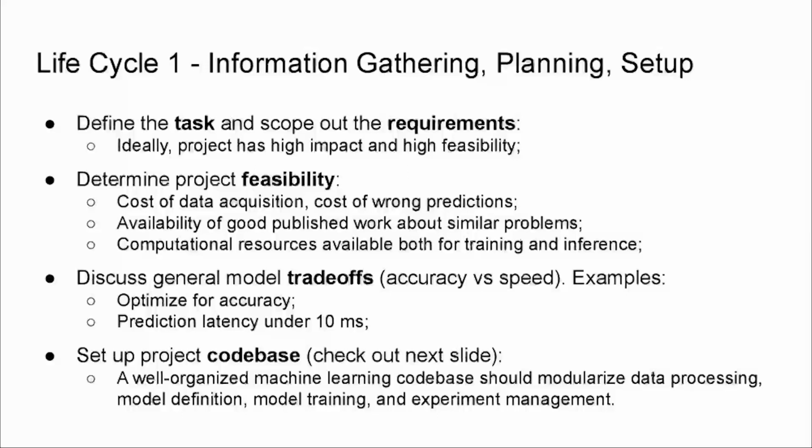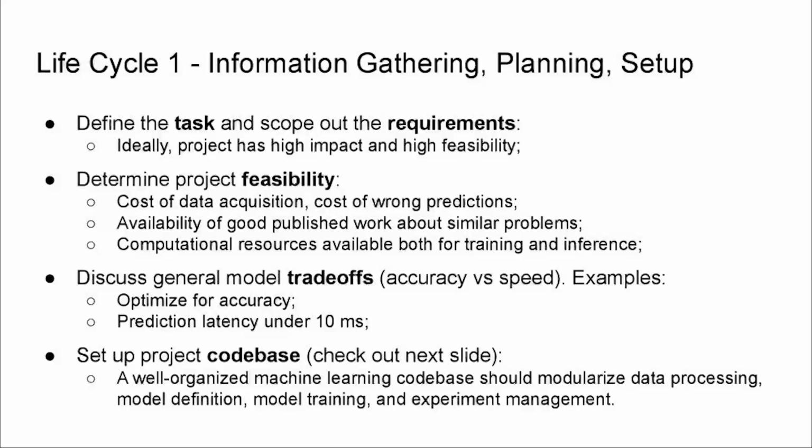Also, when specifying project requirements, it's best to establish a single value optimization metric for the project. For example, optimize for accuracy, prediction latency under 10 milliseconds, model requires no more than 1 GB of memory, etc. The optimization metric may be a weighted sum of many things which we care about. Revisit this metric as performance improves.